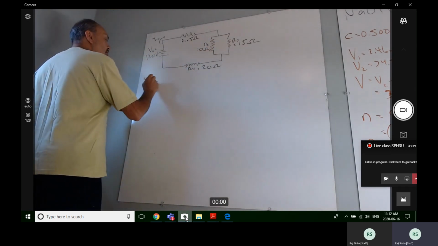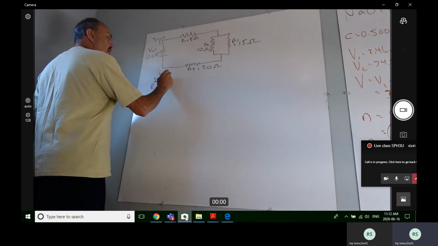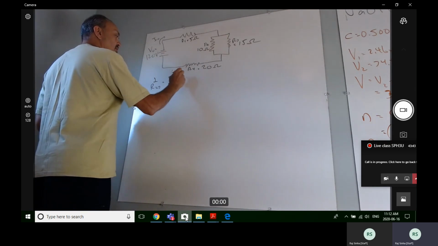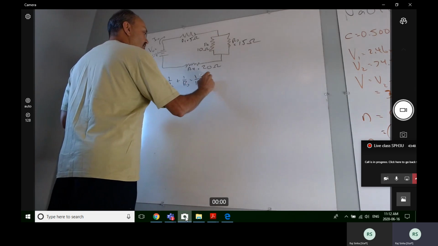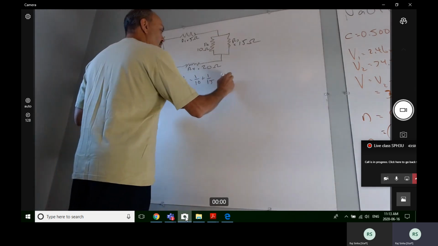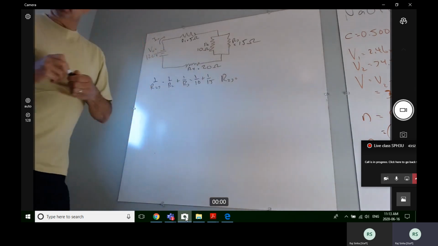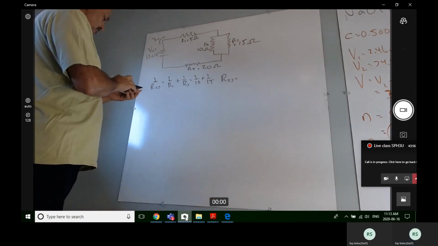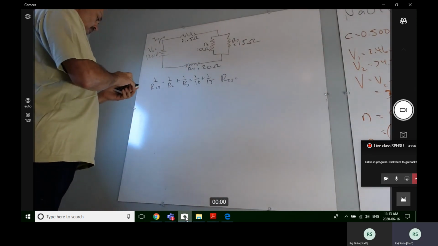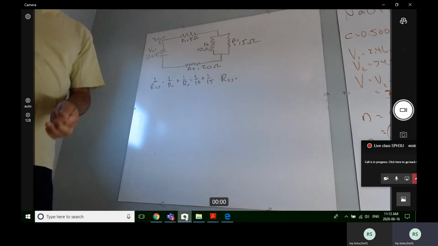So 1 over R2,3 equals 1 over R2 plus 1 over R3, 1 over 10 plus 1 over 15, and R2,3 turns out to be 6 exactly.